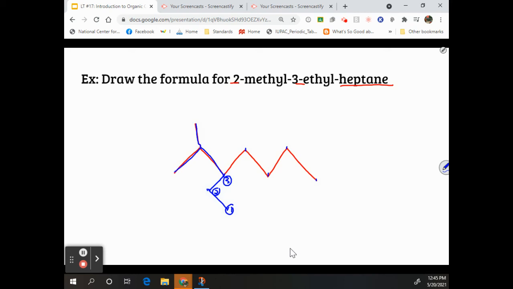And when you've got a branch of 3 and the branch is connected to the middle carbon, this is called an isopropyl group, like isopropyl alcohol. So I could also name this thing 3-isopropyl, and it'd still be a 1, 2, 3, 4, 5, 6, 7 heptane.